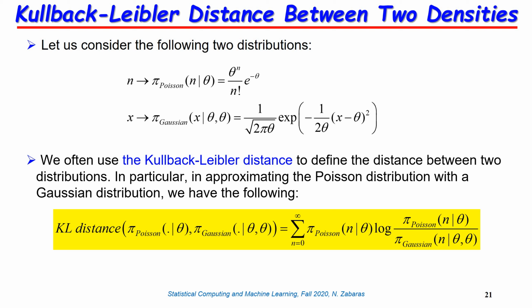By implicit distributions, I mean distributions either represented in terms of samples or through some computer code that allows us to evaluate samples. So again, this is the general definition of the KL distance. If the densities are continuous, for continuous variables, instead of a summation you will have an integral, and that's what we will most probably use. But here we have a summation because n is an integer.